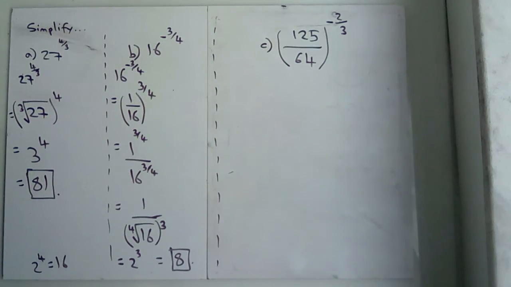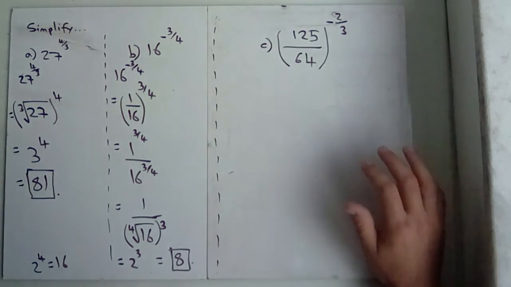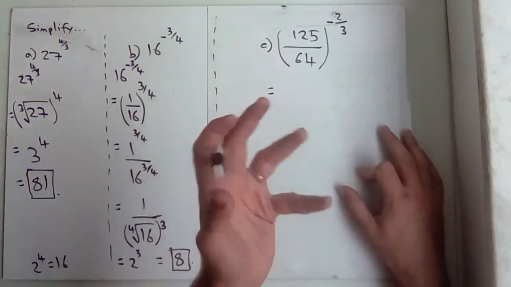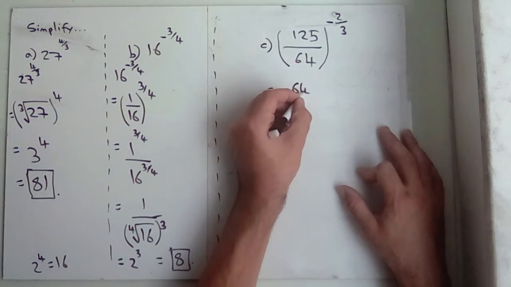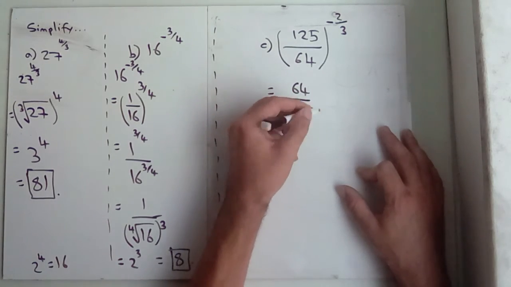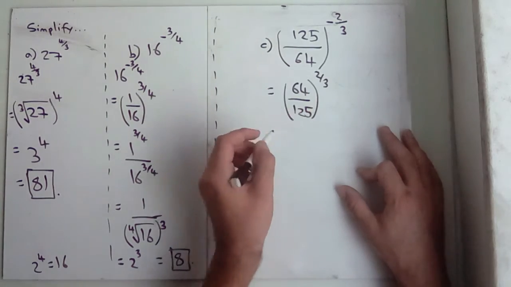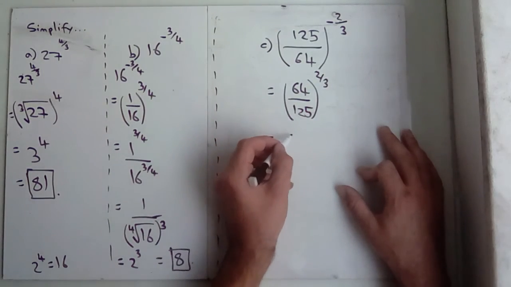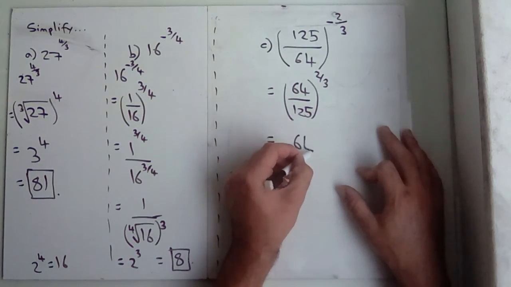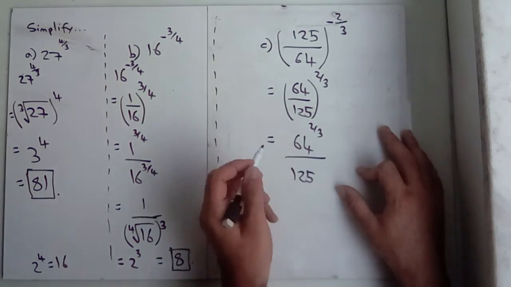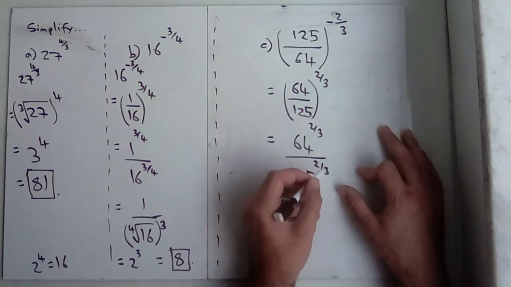The negative bit means reciprocal. So we take the reciprocal of 125 over 64, we just flip it upside down, 64 over 125, and then we apply the positive 2/3 power. So then we do 64 to the power 2/3 divided by 125 to the power 2/3.